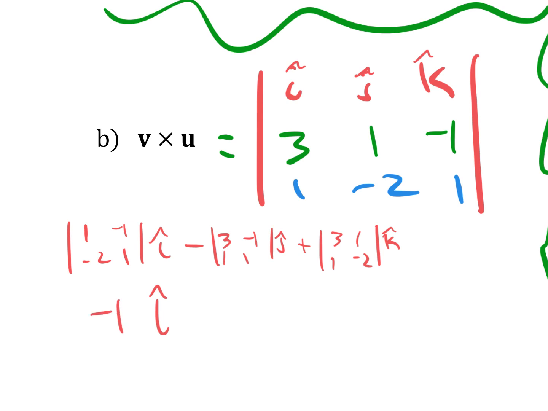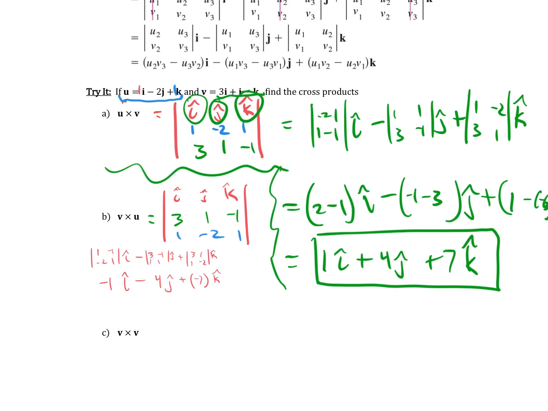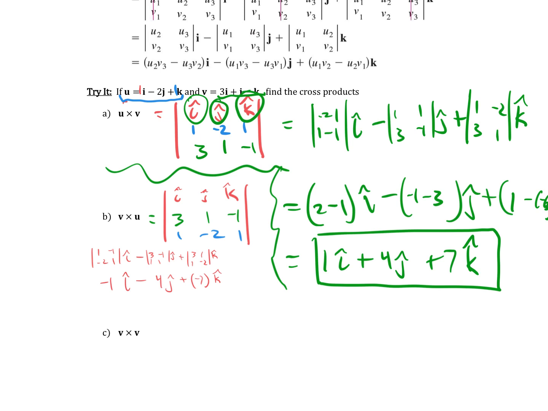So 1 minus 2 is -1. 3 times 1 is 3. 1 times -1 is -1. 3 minus -1 is 4. 3 times -2 is -6. Minus 1 is -7. So this is going to be -7. Okay. Well, did we end up with the same thing? We actually ended up with the opposite. You see that? So we have -1i minus 4j minus 7k.